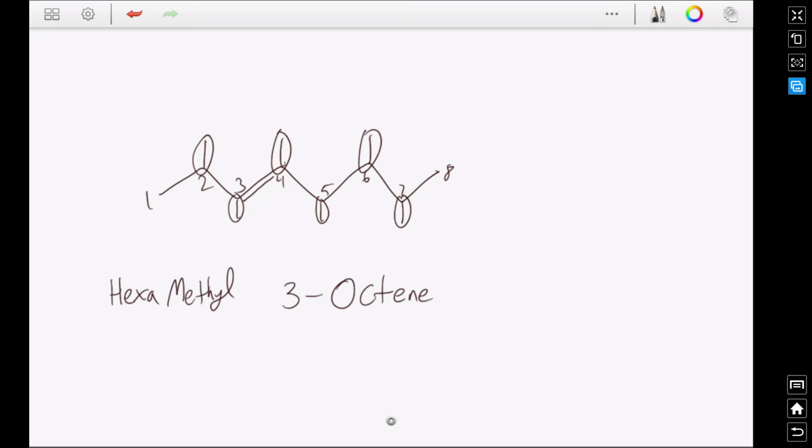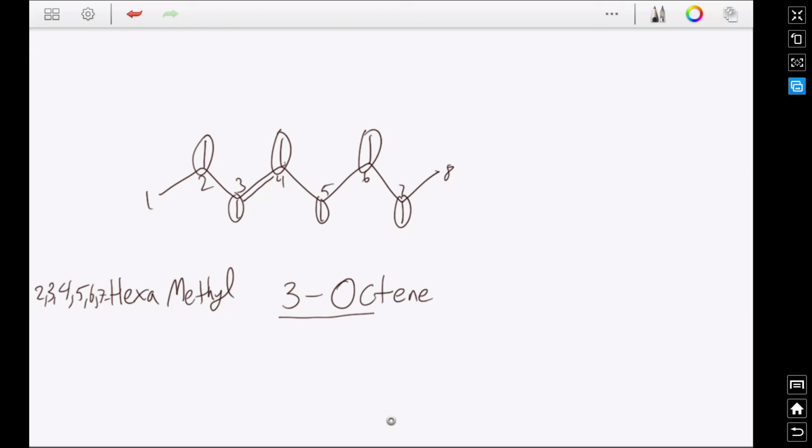That means we have 6 methyls, and the methyls occur at carbons 2, 3, 4, 5, 6, and 7. So the name of this particular compound would be 2, 3, 4, 5, 6, 7-hexamethyl 3-octene.